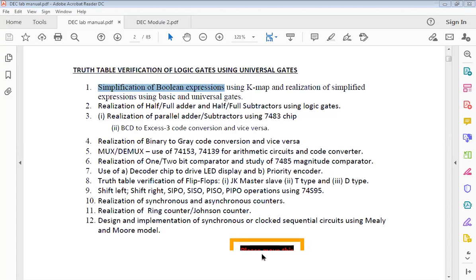Sai Kumar, can you continue with your friend's answer? He has told some laws. Are those the only things that we can use for reduction of a Boolean expression, or is there something else also? This is just a revisit of what you have studied in your theory.